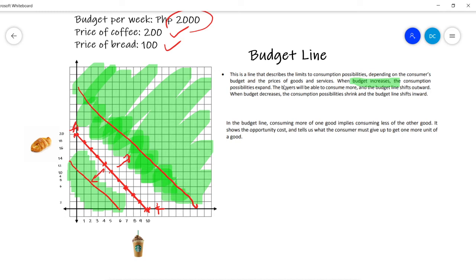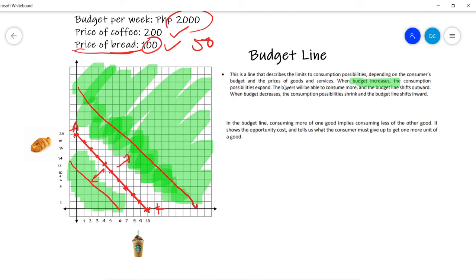Okay? So ngayon, here's another question. Always remember that if there's a change in income or budget, the budget line shifts either to the left or to the right. Kapag tumaas ang budget, the budget line shifts to the right. Kapag bumaba, the budget line shifts to the left. Ano naman ang mangyayari kapag yung presyo nitong bread nagmura from 100 pesos naging 50 pesos? What will happen to the budget line?